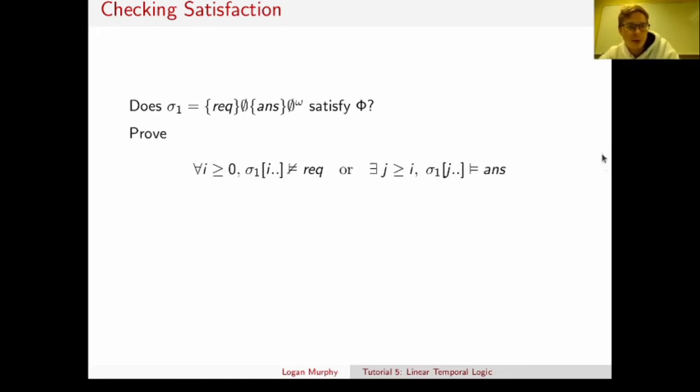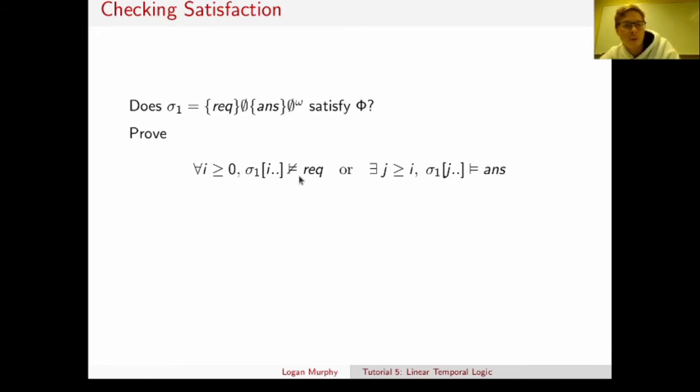Okay, so now that we understand what this actually means, now we just have to prove that this sentence actually does hold for the word sigma 1. So one thing you notice is that for any I strictly greater than 0, this first clause holds, right?